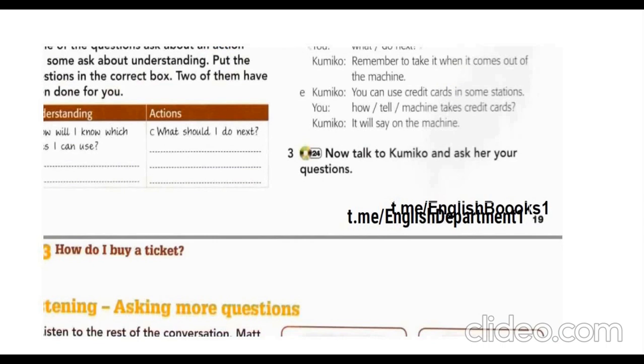Go to the ticket gate. D. You put the ticket in the machine. Remember to take it when it comes out of the machine. E. You can use credit cards in some stations. It will say on the machine.